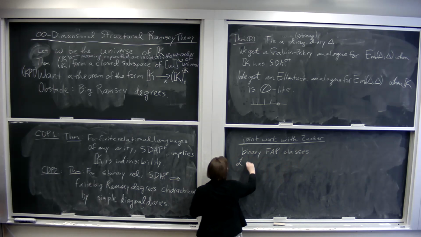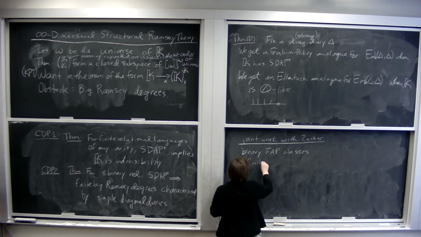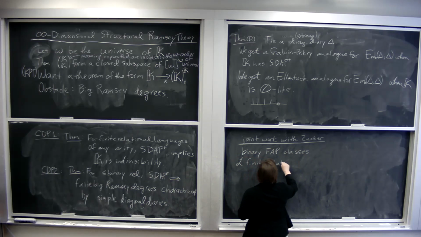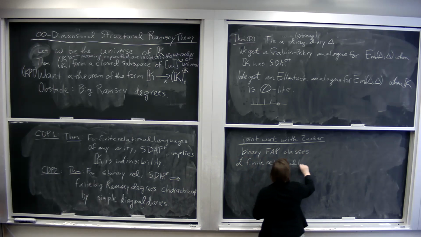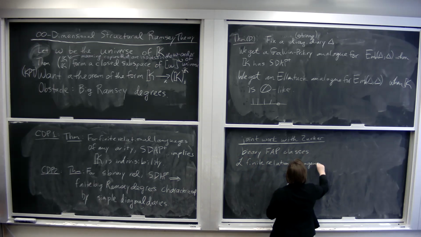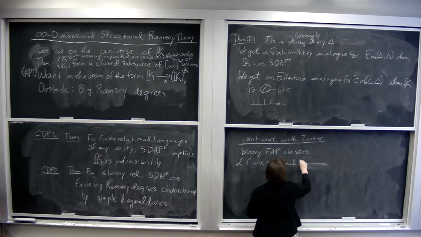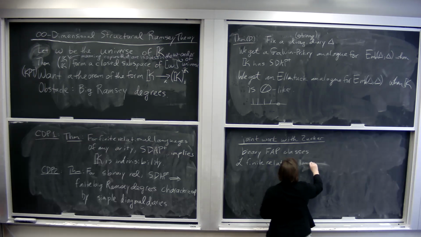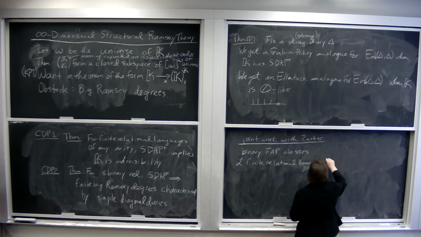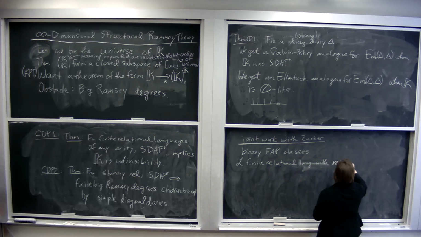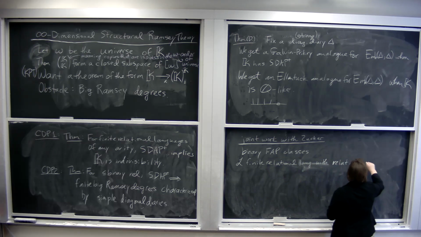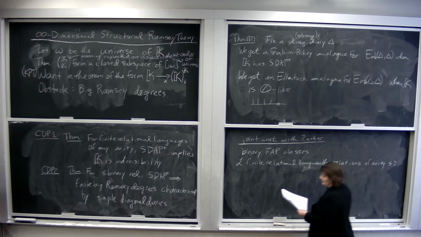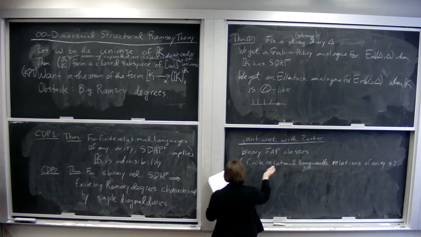So we've got L, a finite relational language with relations of arity at most 2. And what is free amalgamation?